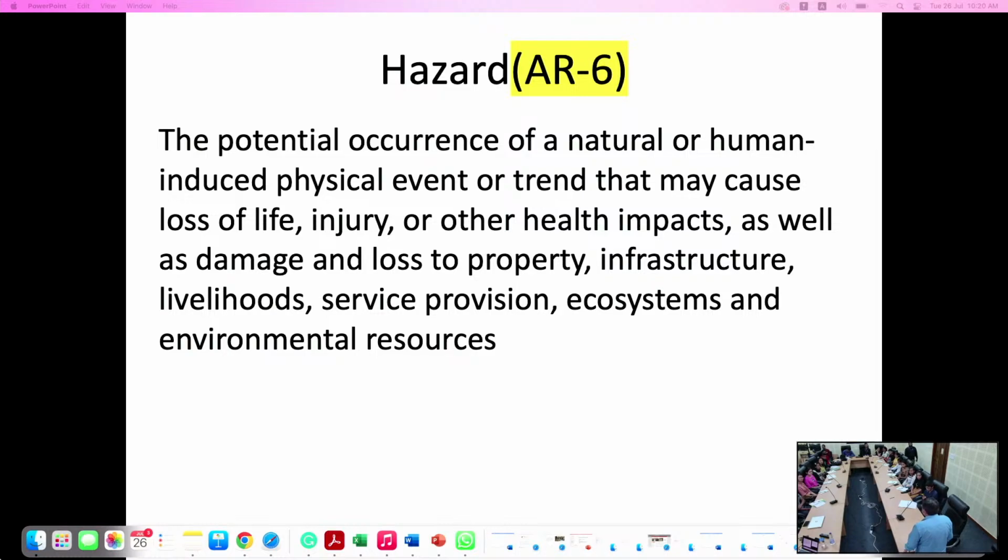So, in general, in our normal life, we use the words hazard and disaster interchangeably. Either we say hazard or we say disaster, but in science, they have a little bit different meaning, right. So, hazard is anything that has the potential to disturb you.